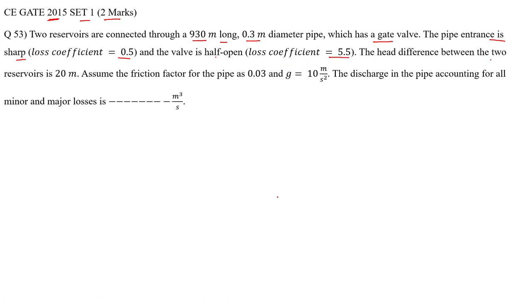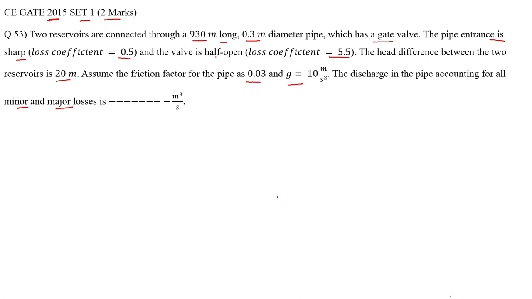The head difference between the two reservoirs is 20 meters. Assume the friction factor for the pipe is 0.03 and g as 10 meter per second square. Our interest is to compute the discharge after accounting for all the minor and major losses in this system.